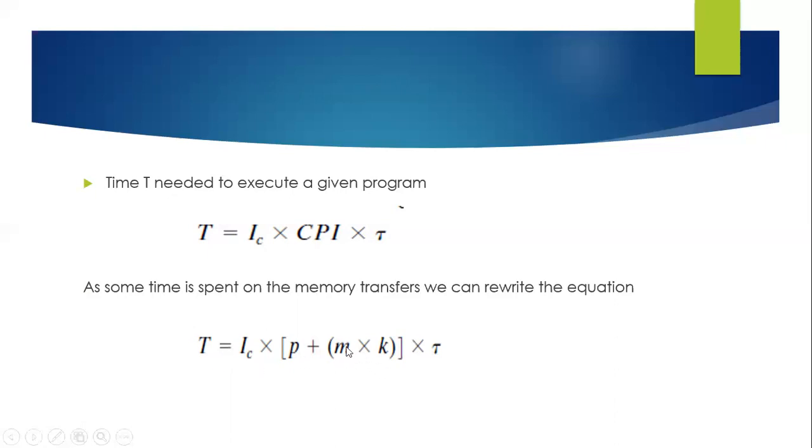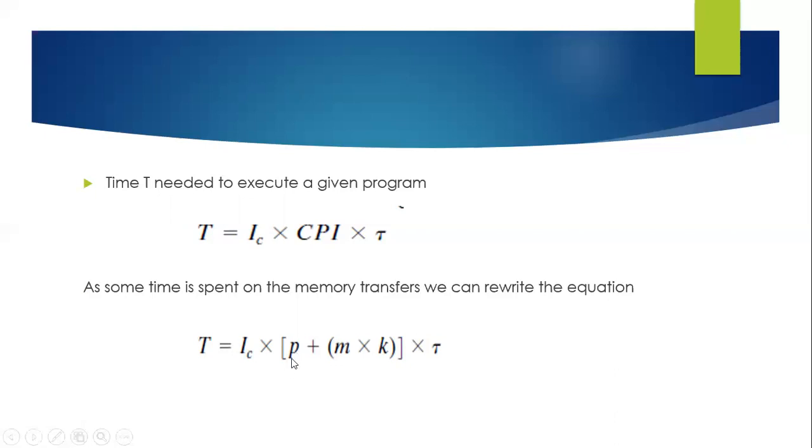Here m is the number of memory transfers, and k is the time taken for each memory transfer. These are the two quantities, and this is your average number of cycles.